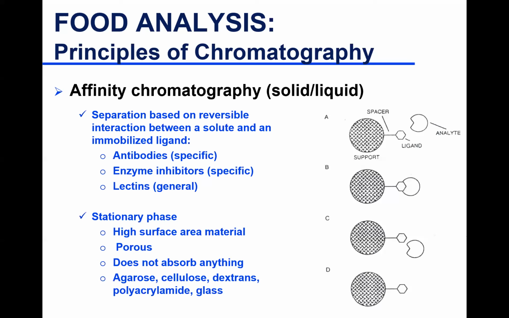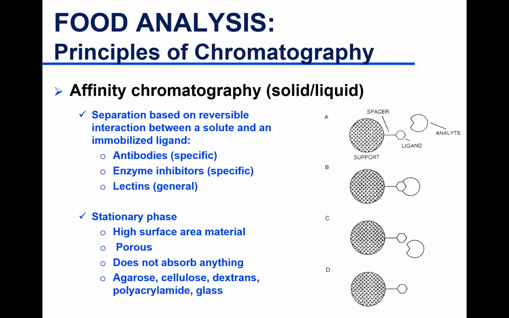This is used sometimes to purify, for example, antibodies from a mixture of antibodies. Let's say you've taken a serum from an animal and you want to specifically isolate a unique antibody that you would use in an immunoassay.